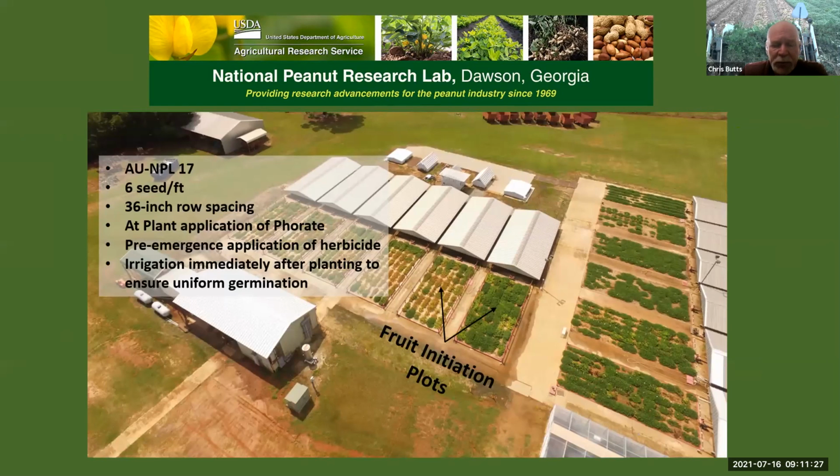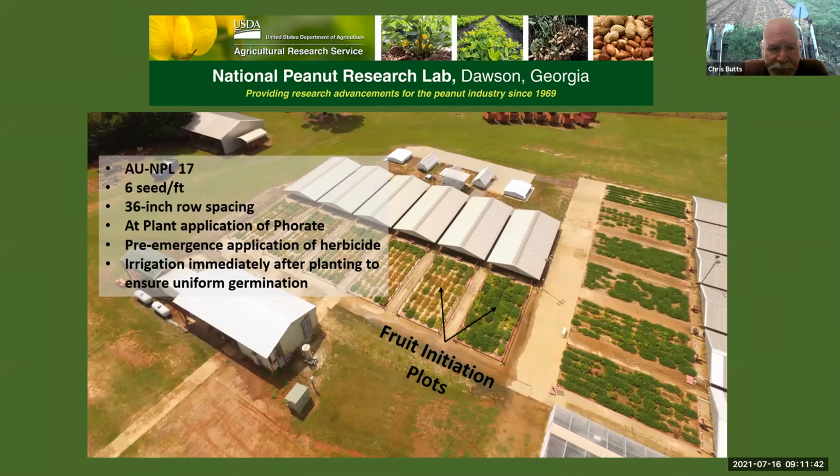In this particular study, we used AUNPL-17 planted in 2 of our rainout shelters at the National Peanut Lab, planted at 6 seed per foot on a 36-inch row spacing.